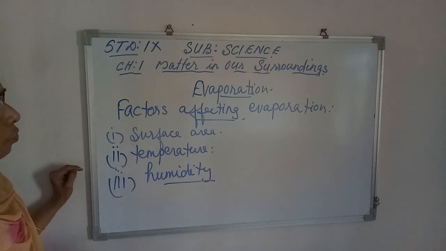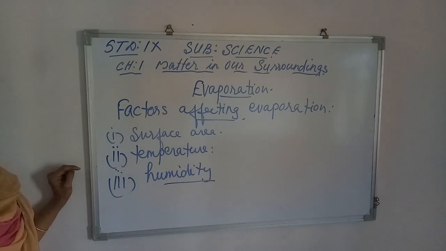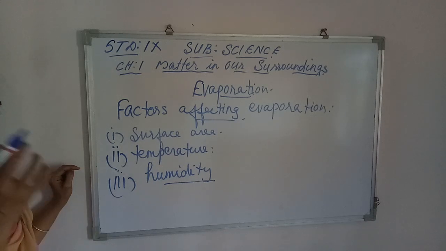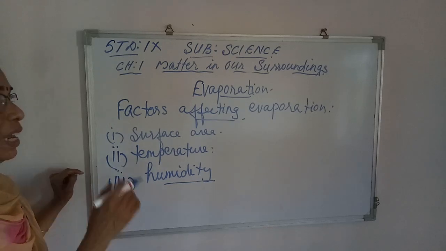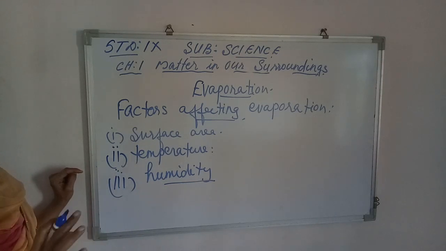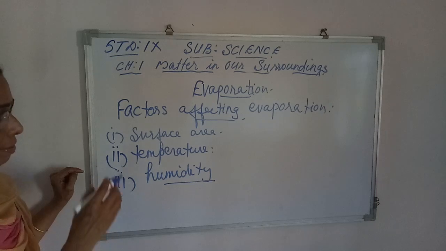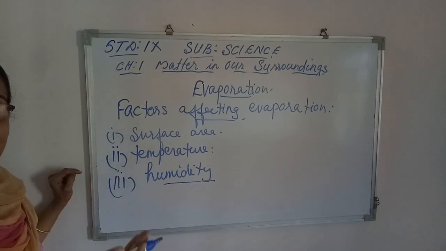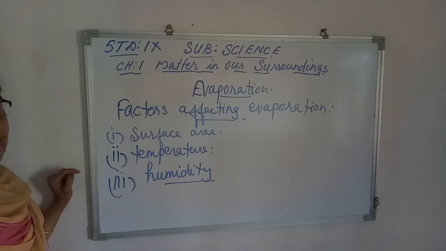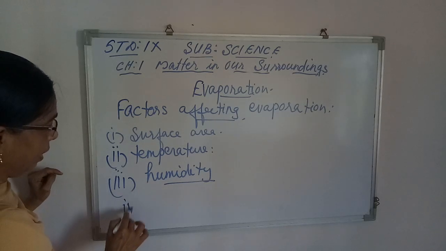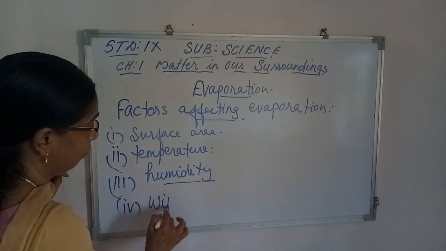What is the effect of humidity on the rate of evaporation? As the amount of water vapor in the atmosphere is more, the rate of evaporation will be slow. Means as the amount of water vapor increases, evaporation decreases. Then the next point is wind speed.